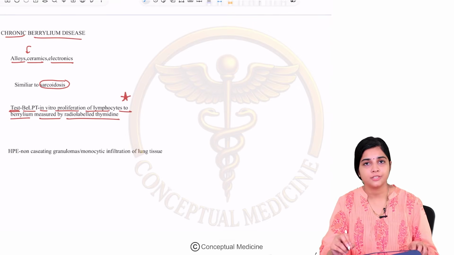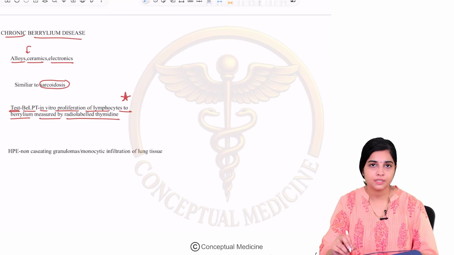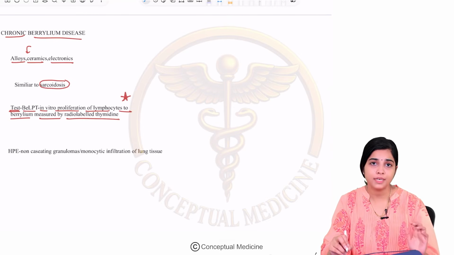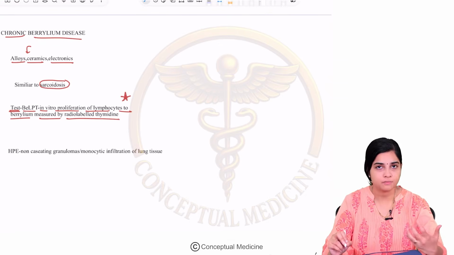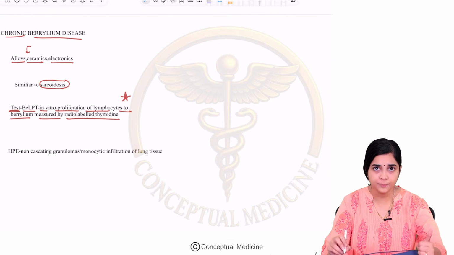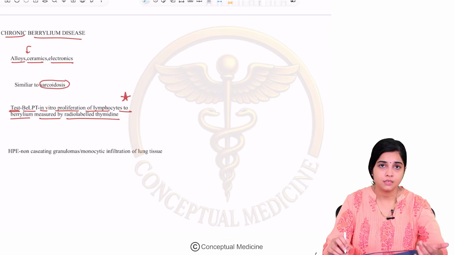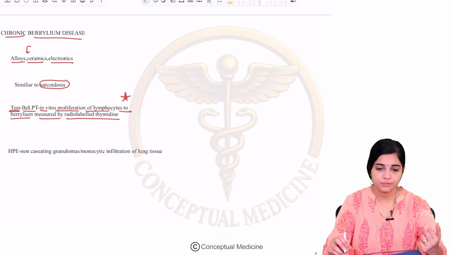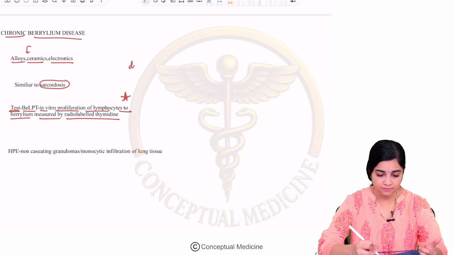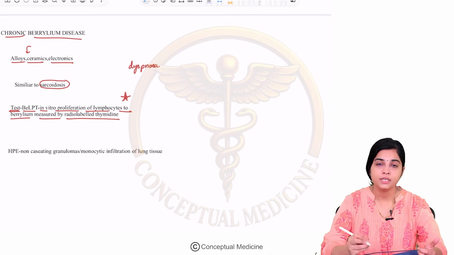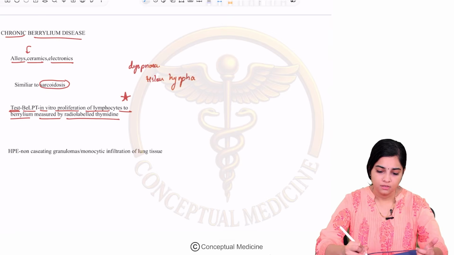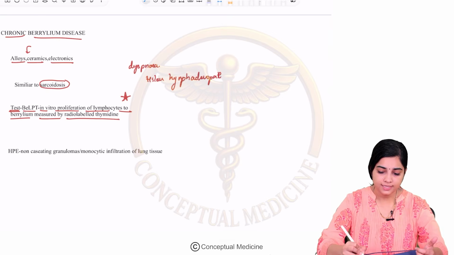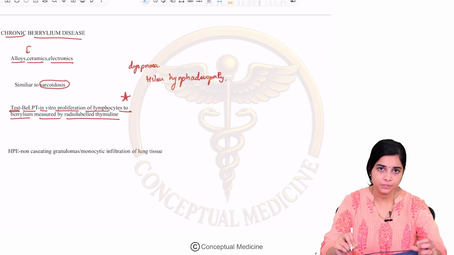So how do you differentiate sarcoidosis from beryllium associated disease? You do the beryllium lymphocyte proliferation test, BeLPT, where there is in vitro proliferation of lymphocytes to beryllium, measured by radiolabeled thymidine. How does chronic beryllium disease present? It presents similar to sarcoidosis, with long-standing dyspnea, and you can have evidence of hilar lymphadenopathy.